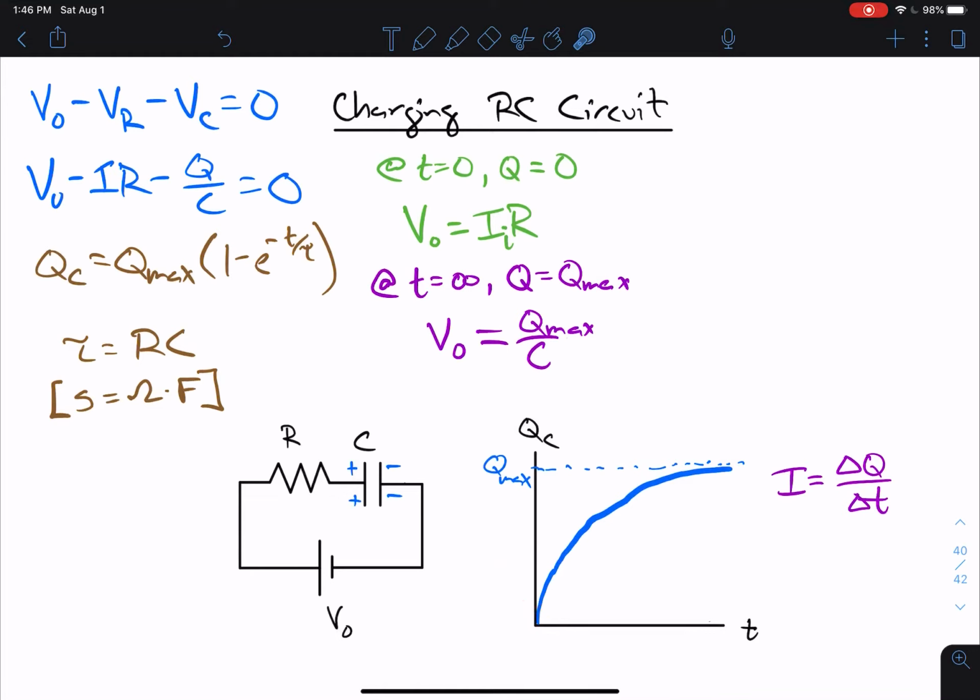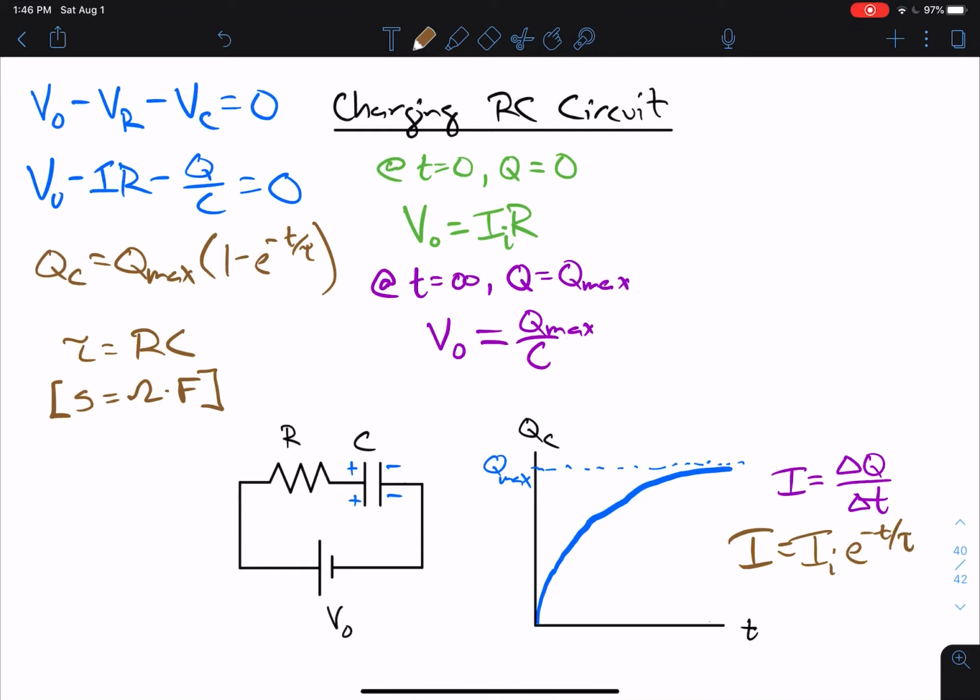And we see that the current starts out very high, but then it gets smaller and smaller and goes to zero. This is actually exponential decay. What's happening here is the current is decaying exponentially. And this is the relationship for that.